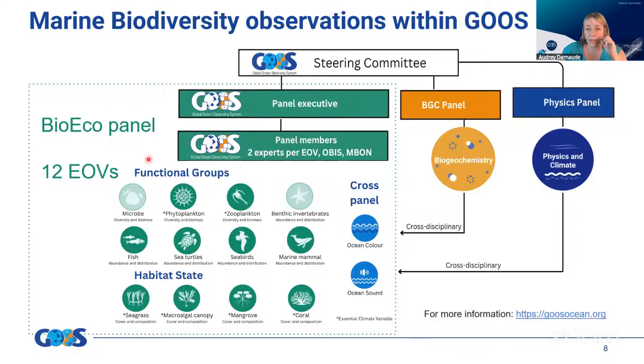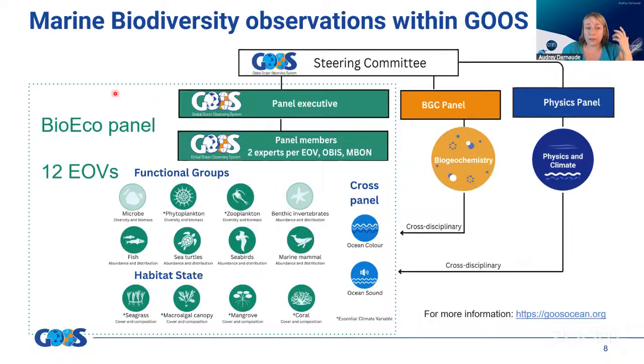And among the 12 BioEco EOVs that exist, you have 6 of them that provide information on the state of key functional groups: phytoplankton, zooplankton, fish, sea turtles, seabirds, and marine mammals, plus 2 under development currently for microbes and benthic invertebrates. And you also have 4 that allow to assess the state of key marine habitats, looking at the cover and composition of seagrass beds, microalgal canopy, mangrove, and coral reefs and coral.